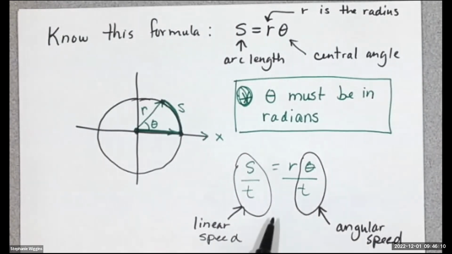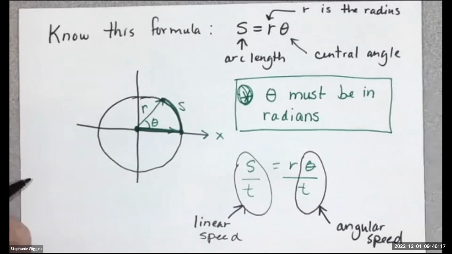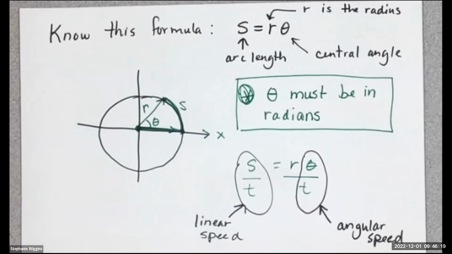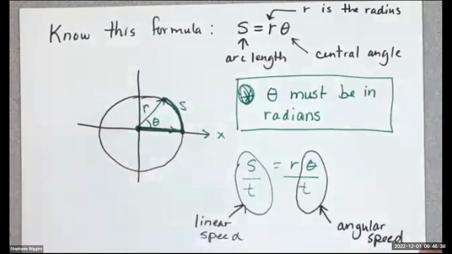And in this class, I don't like the use of the letter V, but in this class, we use V for speed. V really means velocity, and velocity and speed are not exactly the same thing. They're related, but if you're a physics student, you know they're different. We're not doing physics. I mean, we are kind of, but just call it a V, even though it stands for speed.